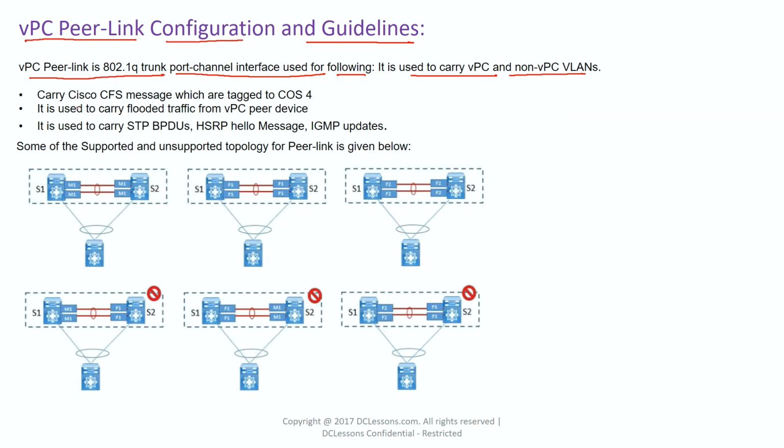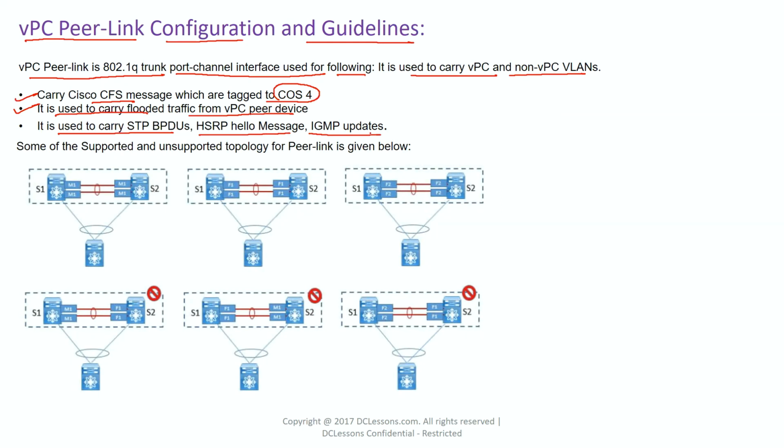Because they carry the CFS protocol traffic, they are tagged with COS 4 value, right? It is used to carry the flooded traffic from a VPC peer device, any broadcast or any unknown unicast traffic. The peer link is used to carry the STP BPDUs, HSRP hello packets, IGMP updates, all the above. Okay.